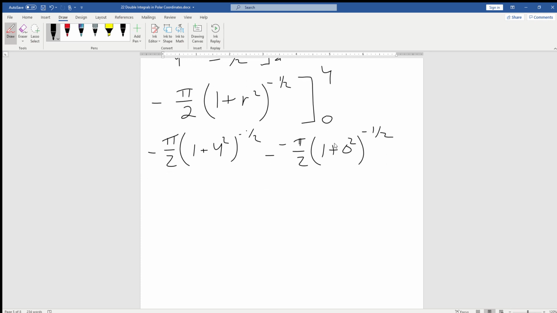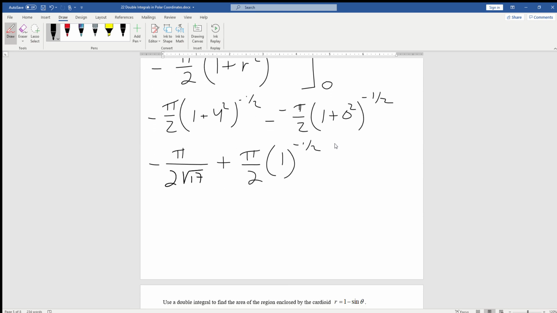Evaluating, this just becomes root 17, so this is going to be minus pi over 2 root 17. If you don't believe me, go back and check the algebra. The other term turns into pi halves times 1 to the minus 1/2, otherwise known as just 1.